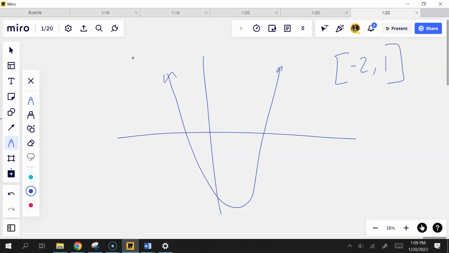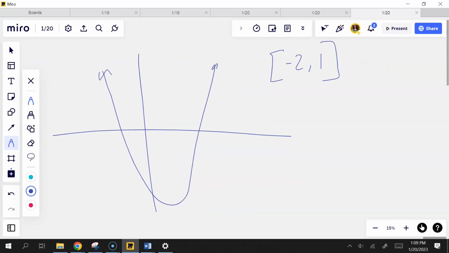I need points because I'm plugging in slope formula, right? Well, this is saying between -2 and 1. So I need this point and this point, and all I'm going to do is find the slope between those 2 points. That's it. Because it says from -2 to 1. Here's -2. Here's 1.